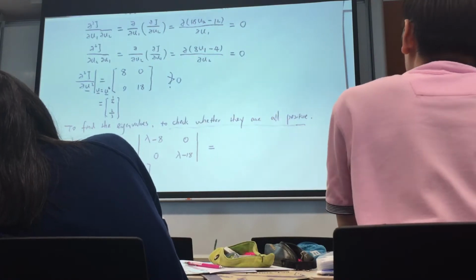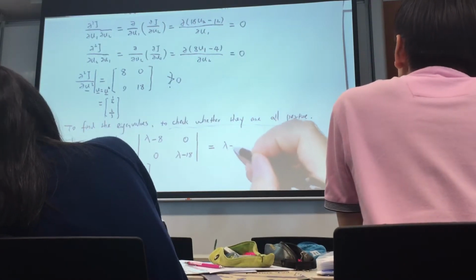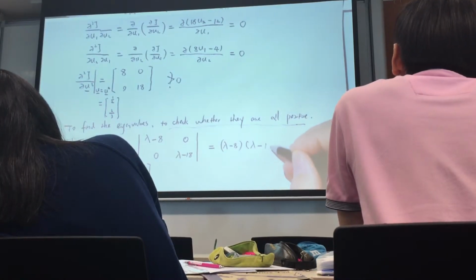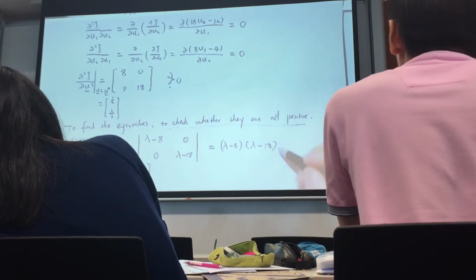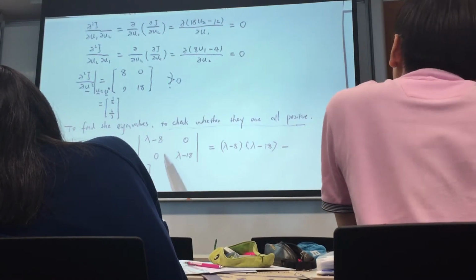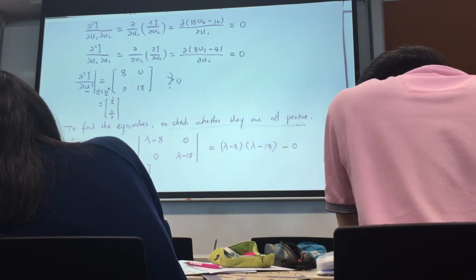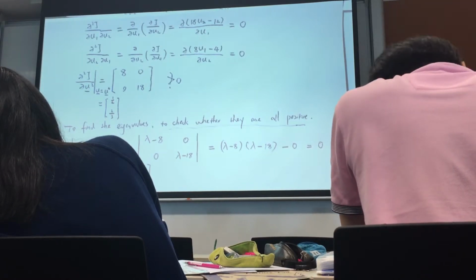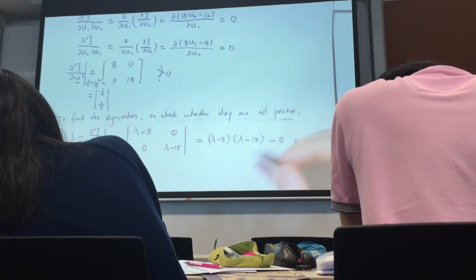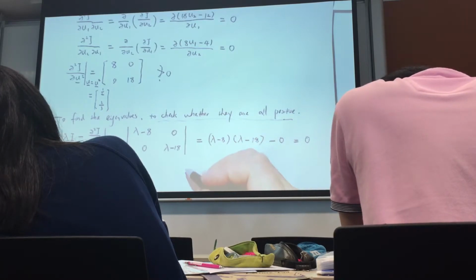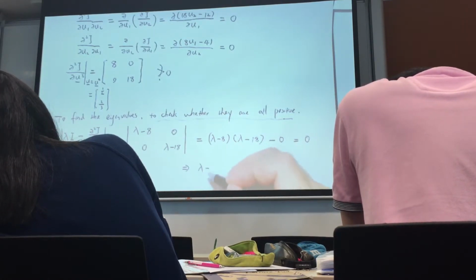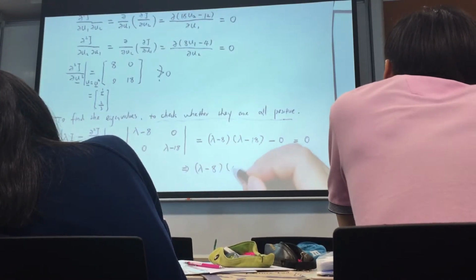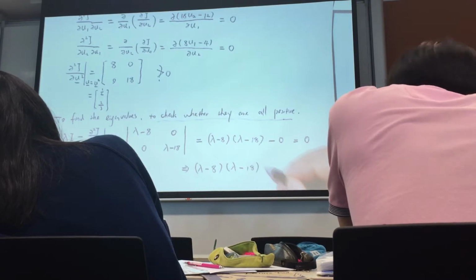The determinant is given by lambda minus 8 multiplied by lambda minus 18, minus 0 multiplied by 0, and this equals 0. So we get the equation lambda minus 8 multiplied by lambda minus 18 equal to 0.